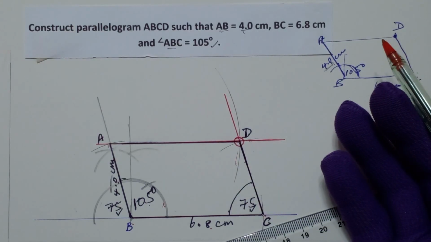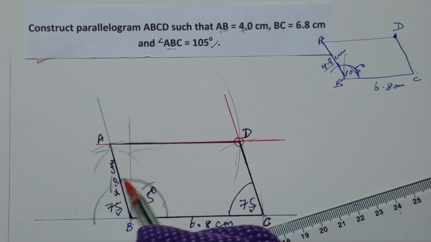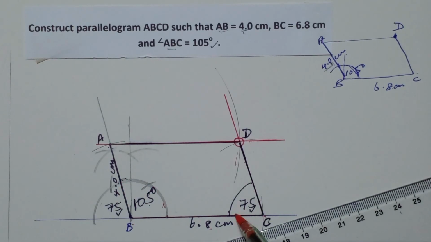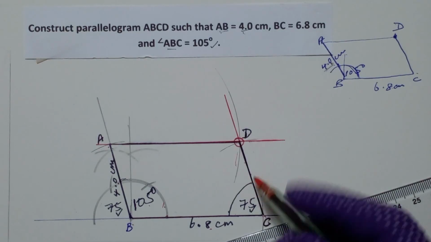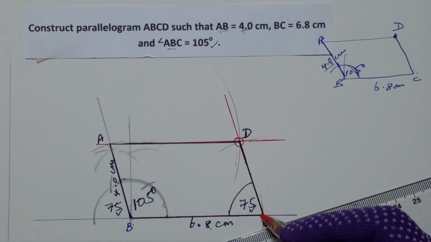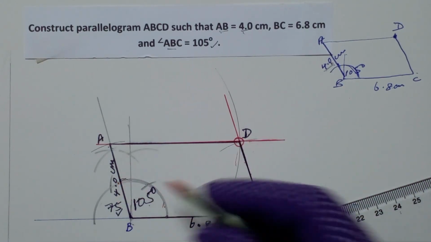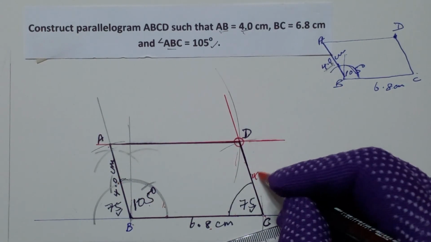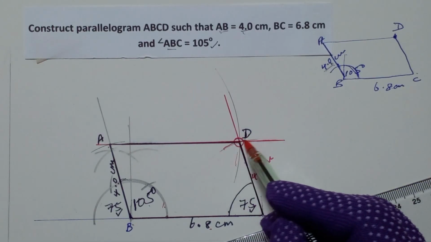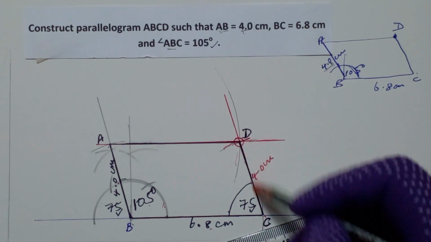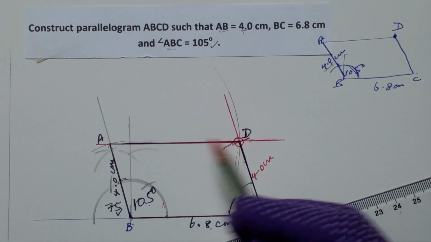That's the easiest way. A little more difficult way is, you know that this is 105, this will be 75. You construct this 75 here, extend it like this, 4.0 centimeters, take your compass and mark off 4.0 centimeters there, brighten that line, bold that line, and then bold from here to there.